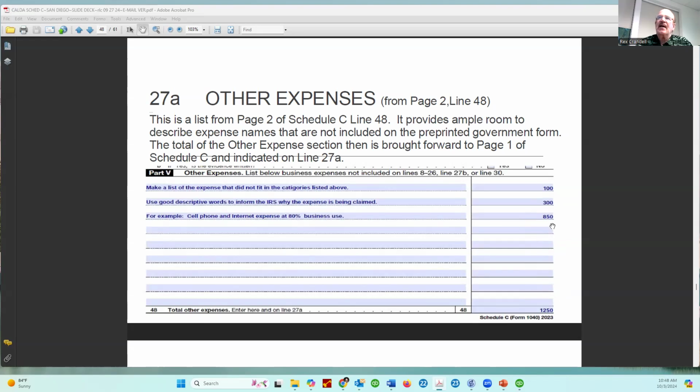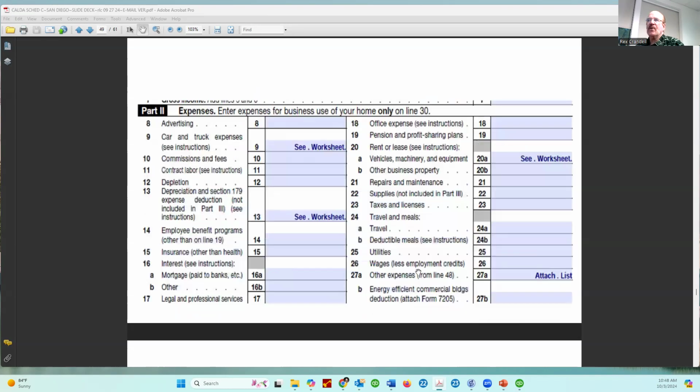That tells the IRS that I'm aware that everything you spend is not a business deduction, and that you're allocating expenses between business and personal and only deducting the business part. So we total out this page 2 and bring it forward to page 1 of the Schedule C on line 27A. Are we having fun yet?